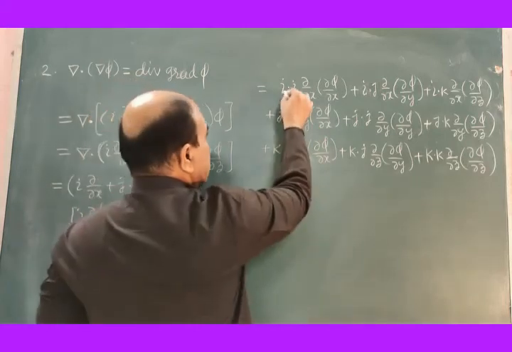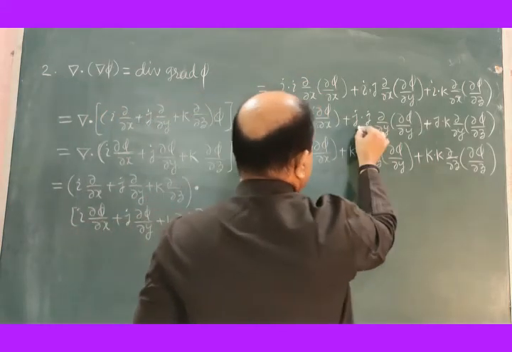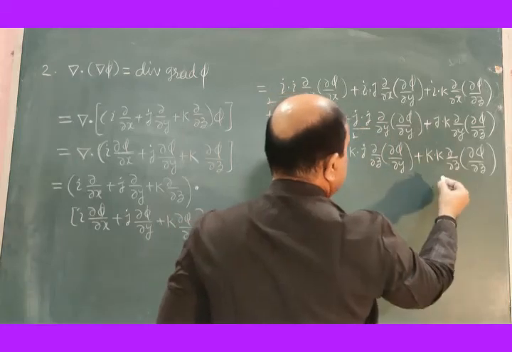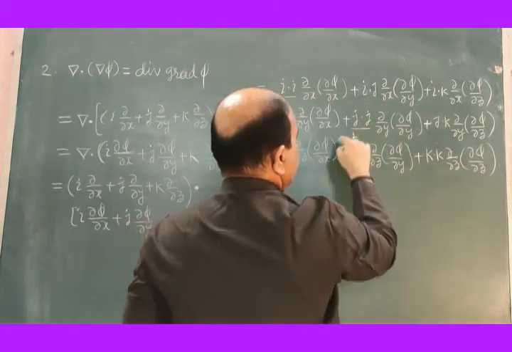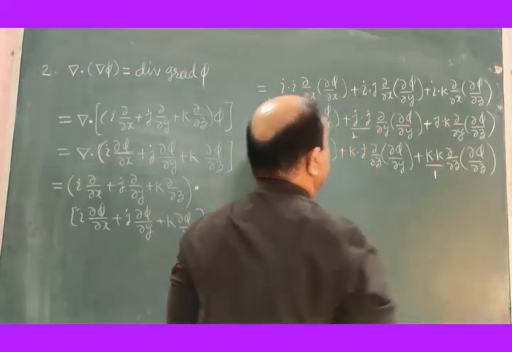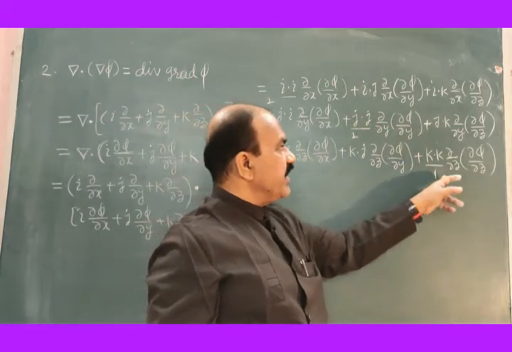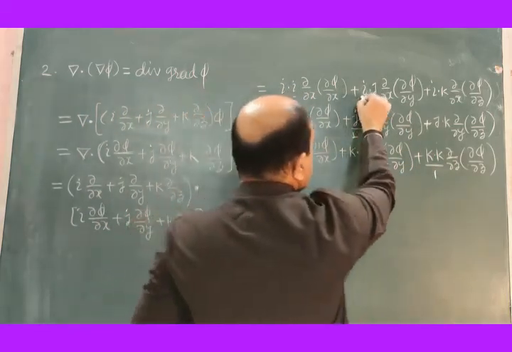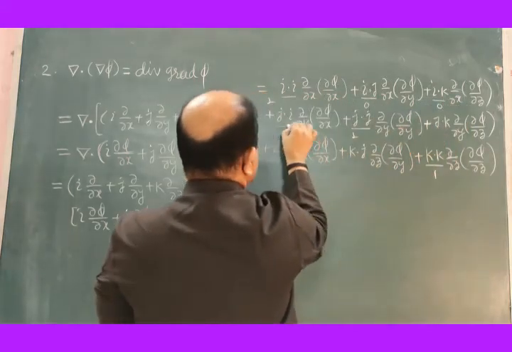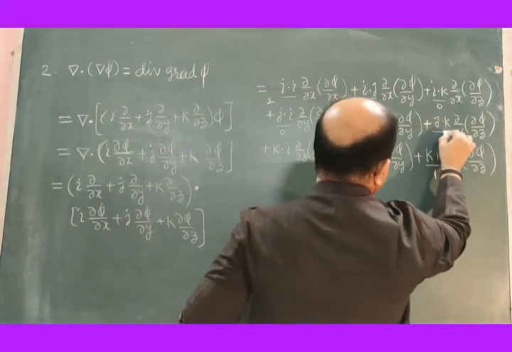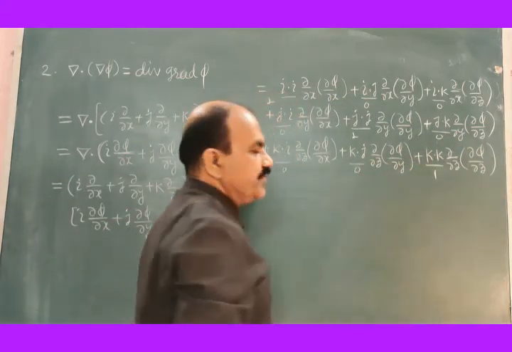So i dot i is 1, j dot j is 1, k dot k is 1. The others are 0.